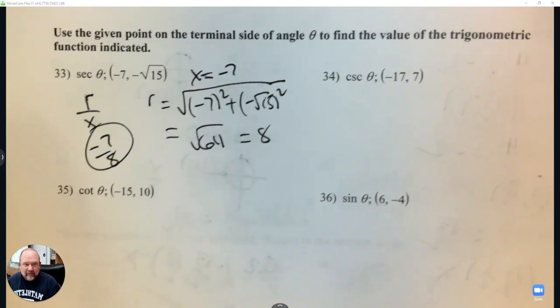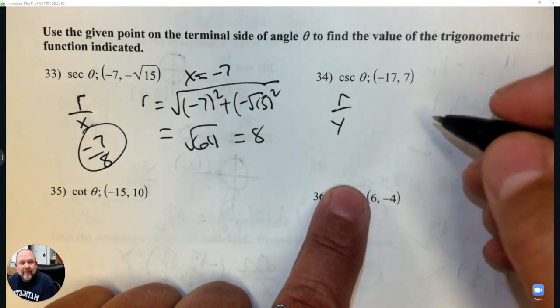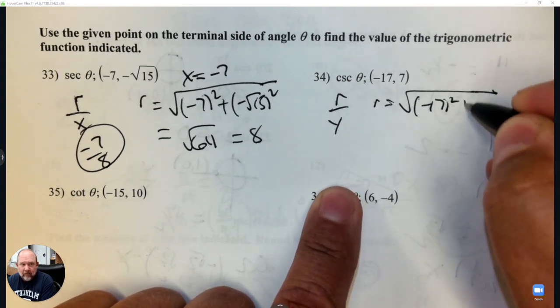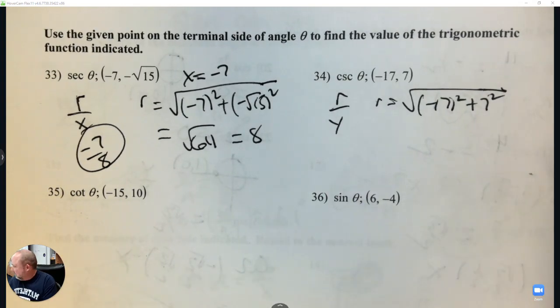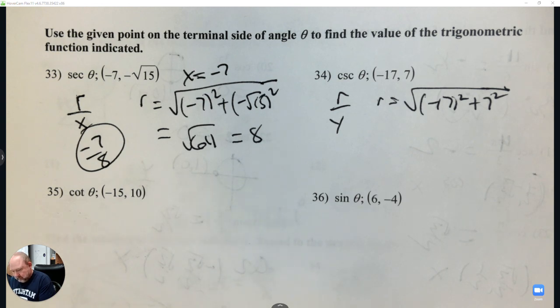So we need to know our definitions. Cosecant's the radius over the y coordinate. So again, to find the radius is the square root of -17 squared plus 7 squared. That's above my pay grade. Let me see. All right.